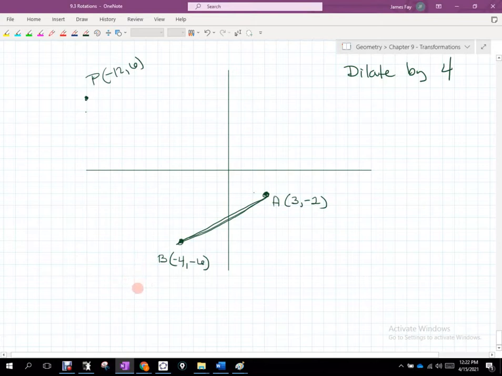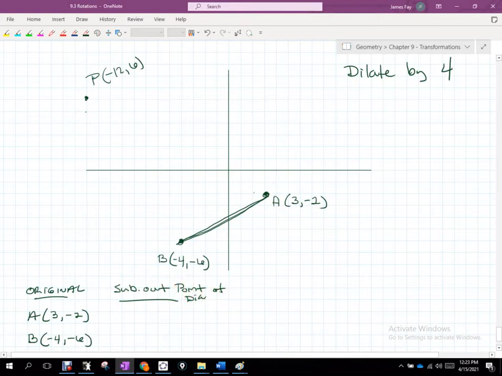Okay. So what we're going to do is start with our original points. Our original points were A at 3, -2, and B at -4, -6. Okay. We're then going to subtract out the point of dilation.